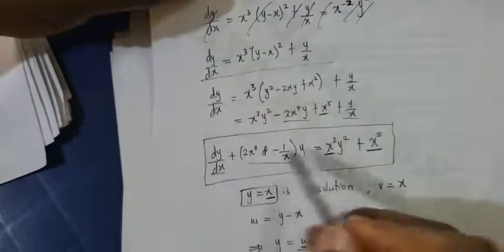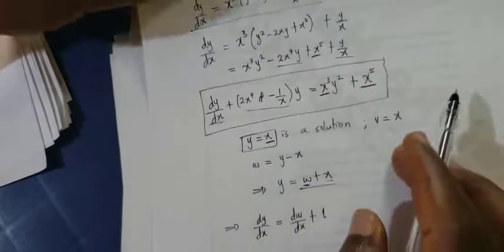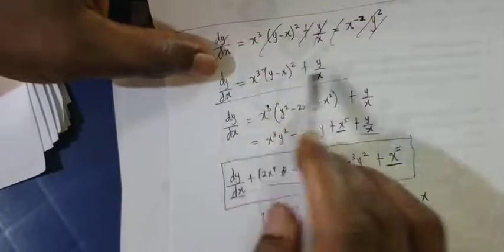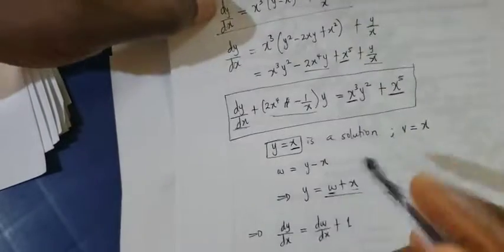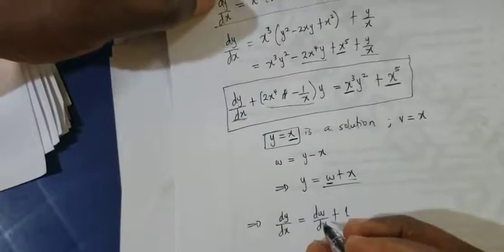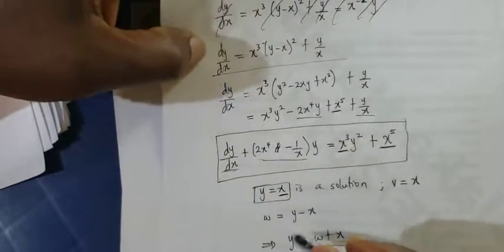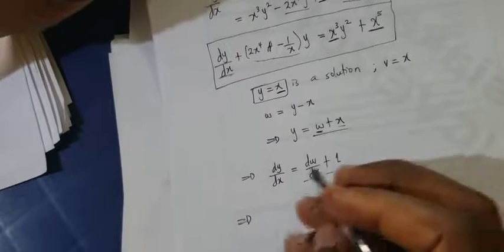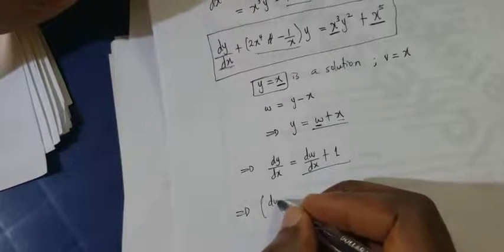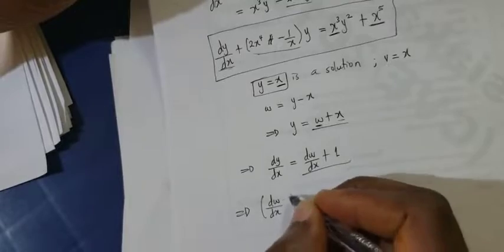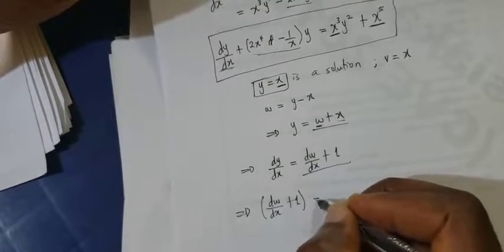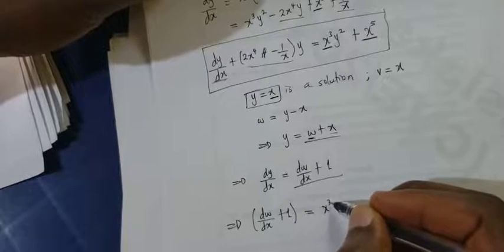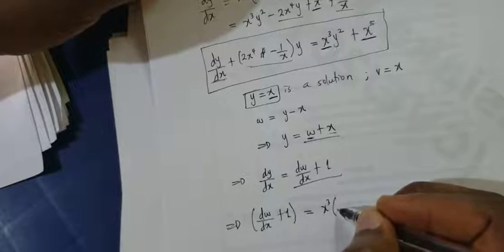We have just done this so as to establish that it is actually a Riccati's ODE. So let's put it in the original equation. I think that is more compact. Instead of the dy dx that we have here, we're going to put in dw dx plus 1. So this is going to be dw dx plus 1 is equal to x cube, then we have y minus x.